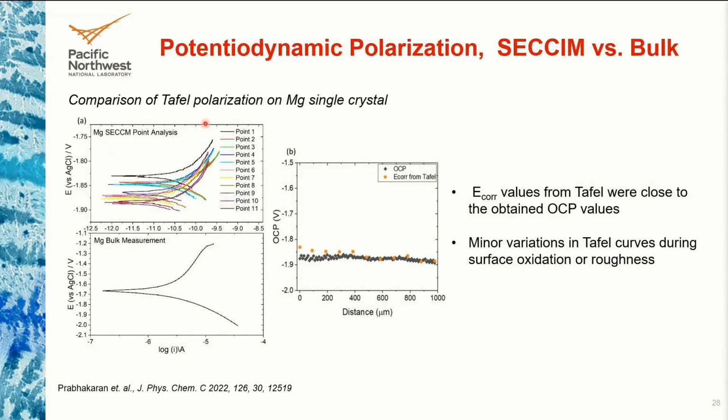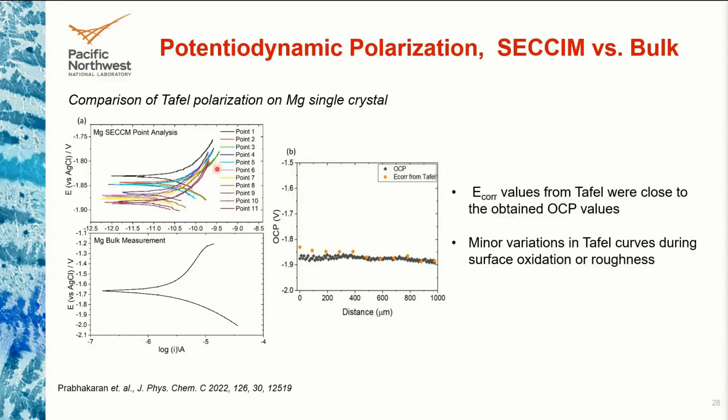Next, Tafel polarization is another characterization typically used in corrosion to characterize the corrosion behavior of the surface. Interestingly, when we compare the Tafel polarization of the bulk with the SCCM, it showed minor variations in where the curve lands and the shape of the curve, as well as in the Ecorr points.